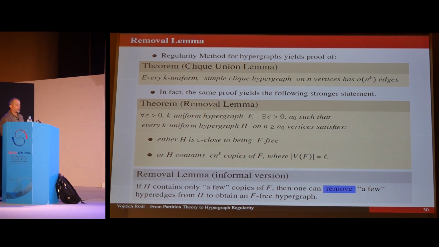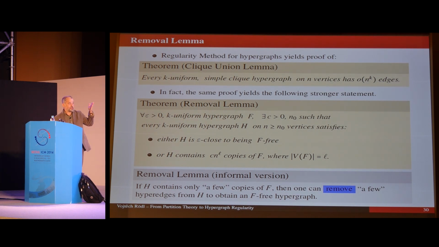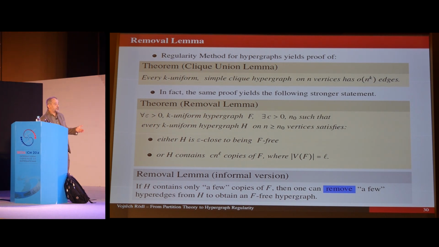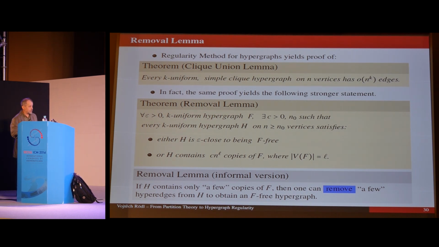Maybe the simpler way to take it, and this is why it is called the removal lemma, is the following: if H contains only a few copies of F, then one can remove few edges from H to obtain an F-free hypergraph. This looks like a very natural statement, but surprisingly, it has these arithmetic connections.